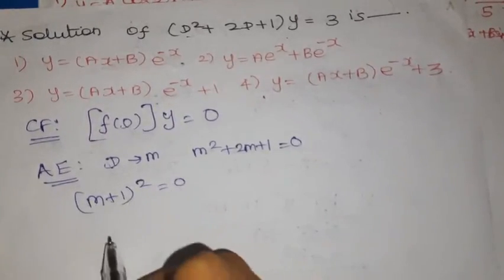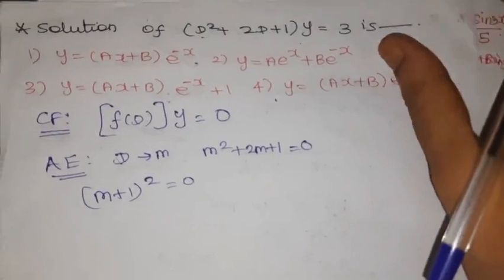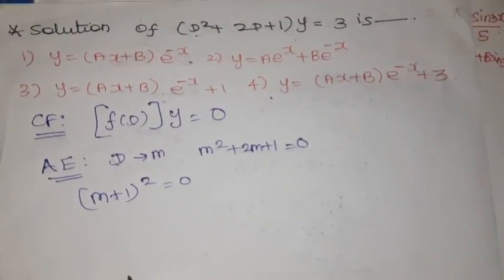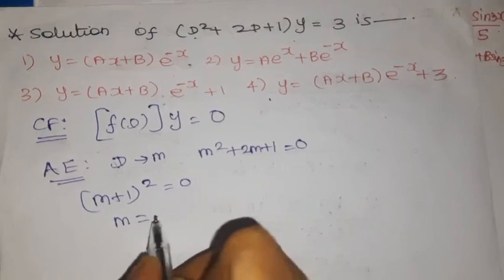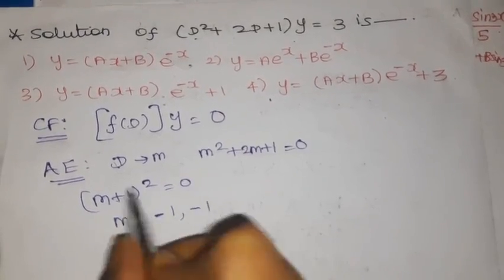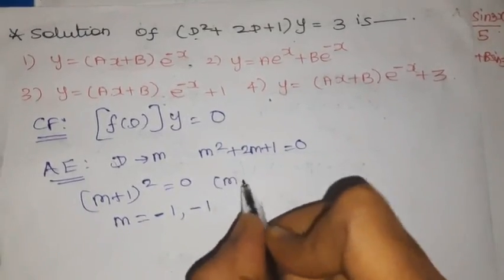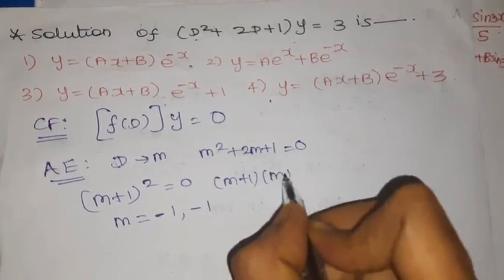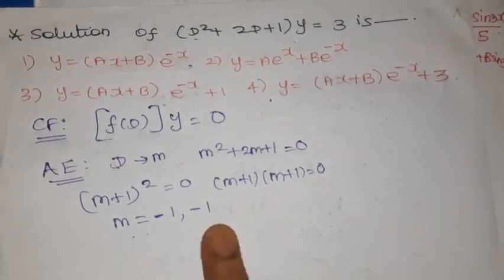So m plus 1 into m plus 1 equal to 0, and we will have two roots, m equal to minus 1 comma minus 1.